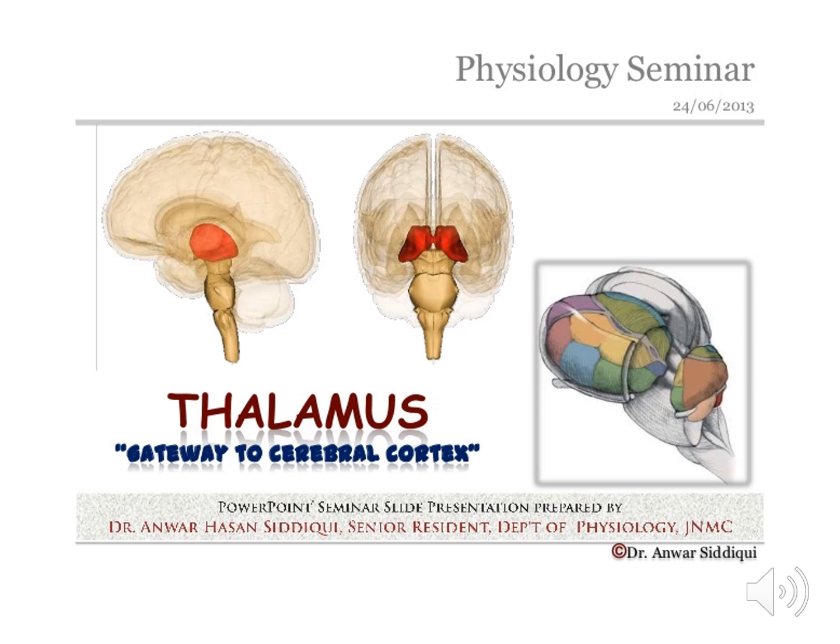That's why this slide calls the thalamus the gateway to the cerebral cortex, because all of the impulses that are coming up the spinal cord and the brainstem have to pass through the thalamus, and the thalamus makes sure that those nerve impulses get directed to the appropriate part of the brain.